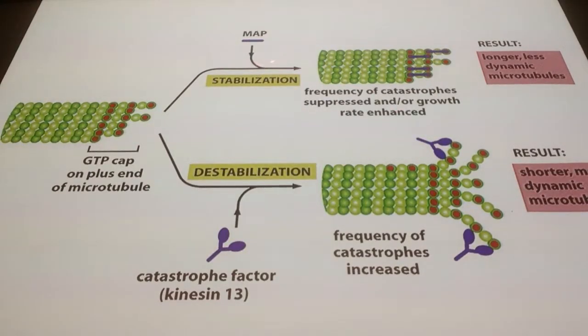And so the hydrolysis of GTP will follow the addition of tubulin. And if the rate of polymerization is high enough where hydrolysis of GTP hasn't caught up, then you will have a GTP cap instead of an ATP cap, right?